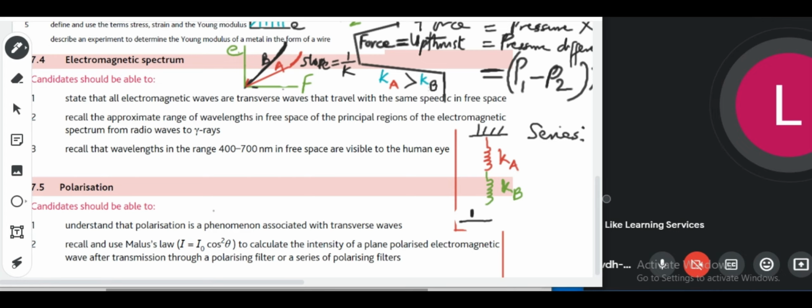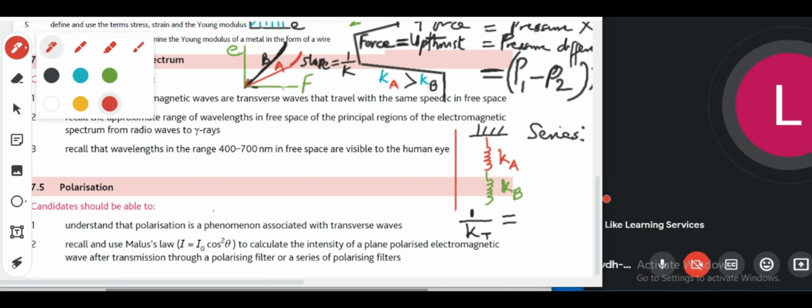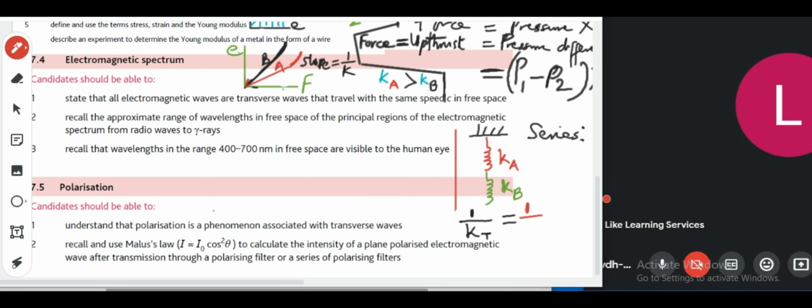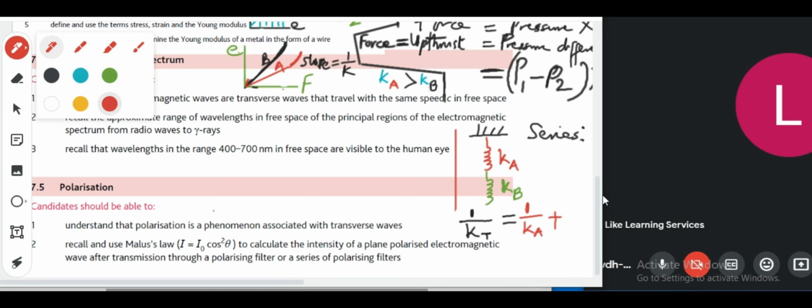So 1 over the total spring constant, I'll call it 1 over K total, is equal to 1 over Ka plus 1 over Kb.